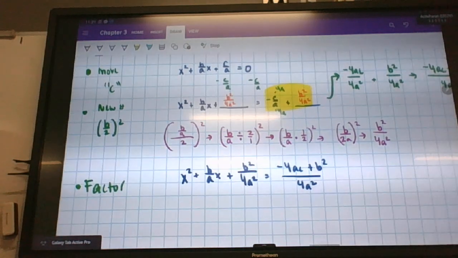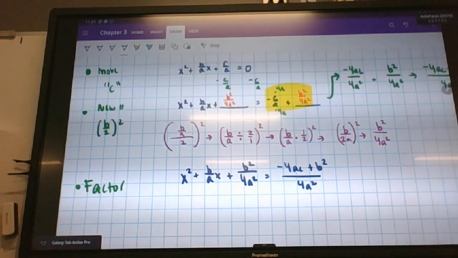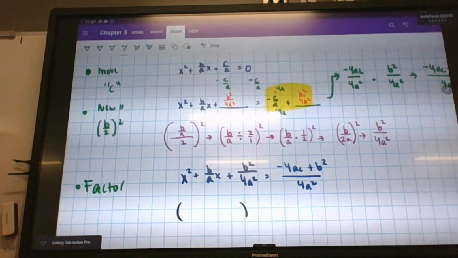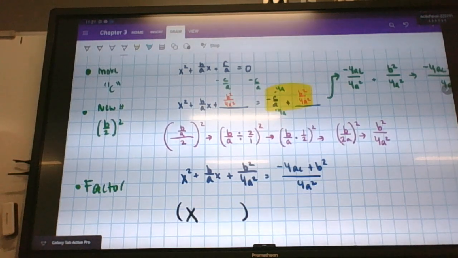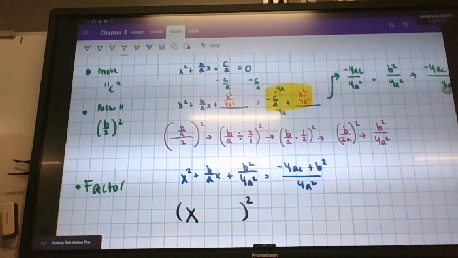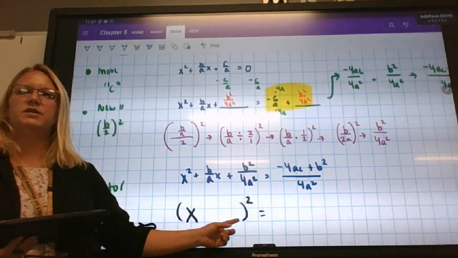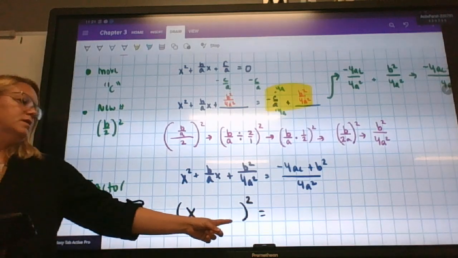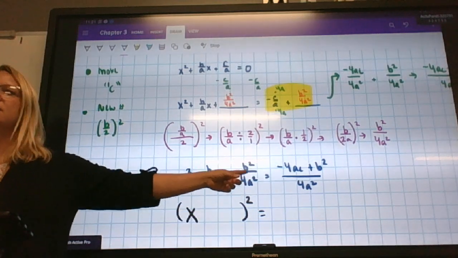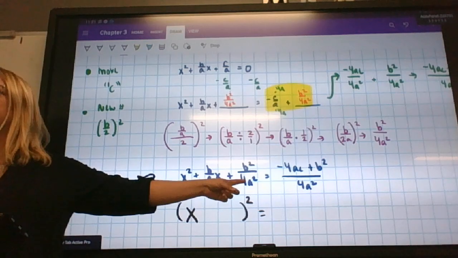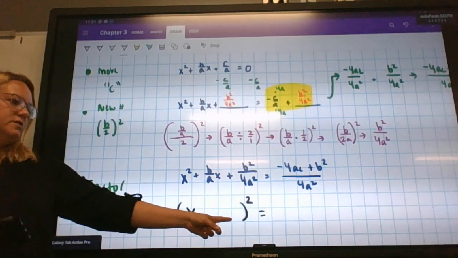So let's do it. How do I factor this? It should be parentheses. There's an x. There's an exponent. What do I typically put in the factored form here? It's this value square rooted that goes in here.